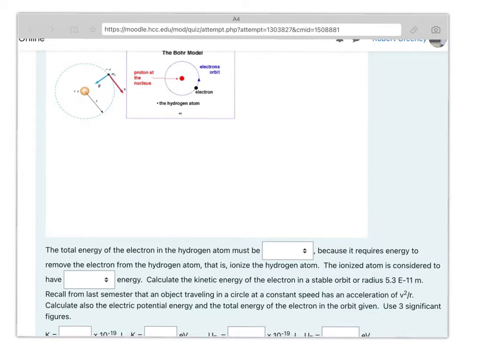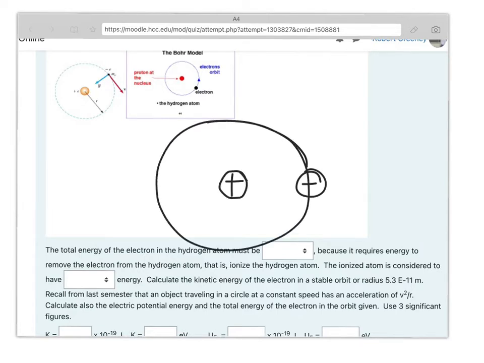So the first thing you need to understand is that a hydrogen atom is a proton and an electron, and that's it. And the electron orbits the proton.